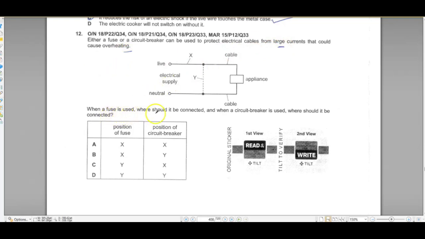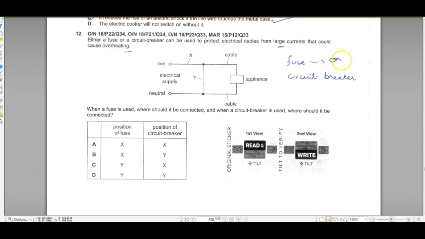When a fuse is used, where should it be connected, and when a circuit breaker is used, where should it be connected? Okay, fuse and circuit breakers actually serve the same purpose. The only difference, or one of the main differences, is that once the fuse blows, it cannot be used again.